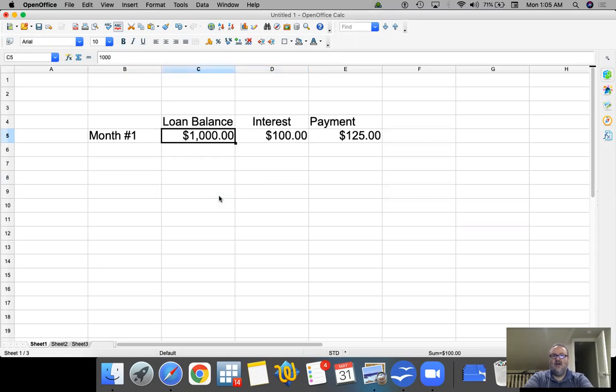So an amortized loan requires you to make a payment on a periodic basis, and that payment will have a portion of the principal and the interest. So with this $125, for instance, $25 goes towards the balance, and $100 goes towards the interest. So this amortizes the loan.